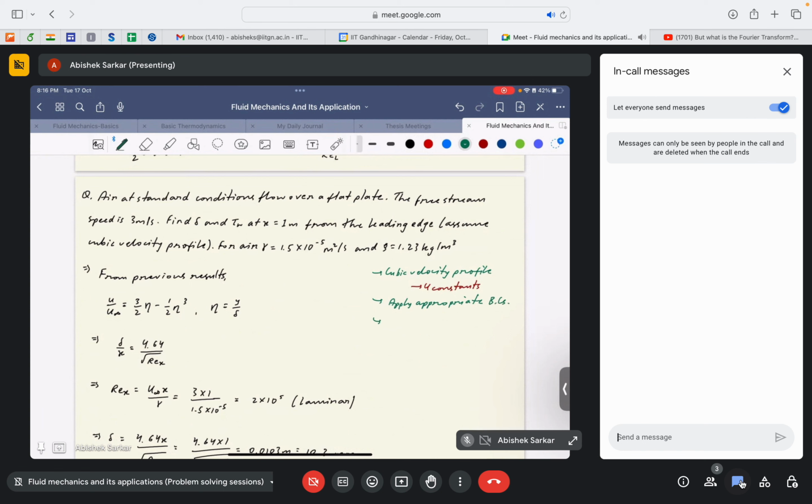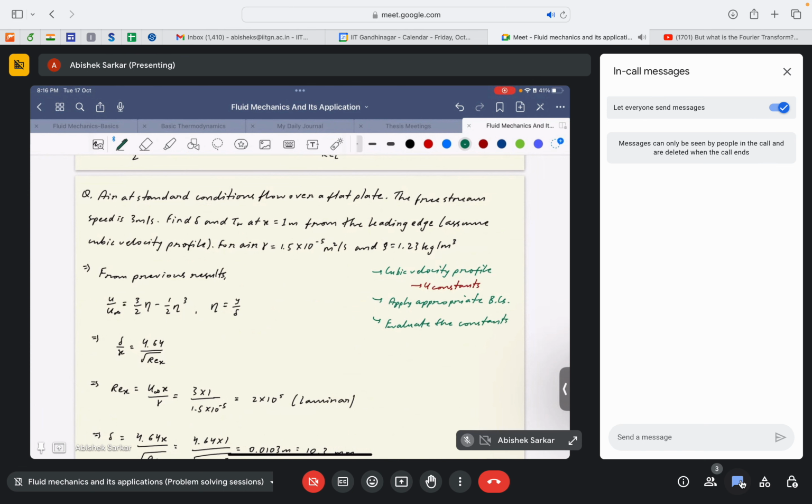Then evaluate the constants. Once you do that, get the velocity profile.